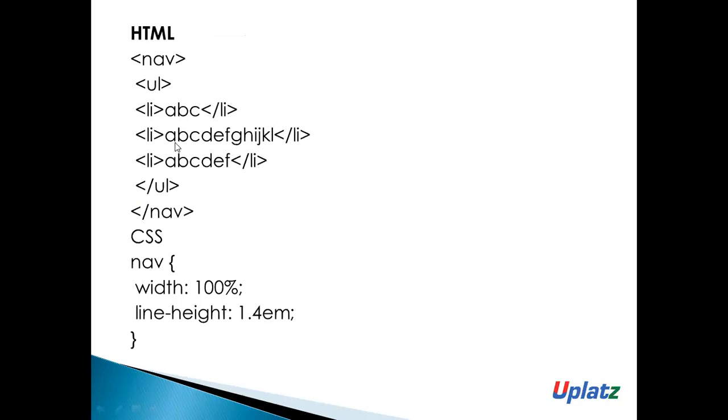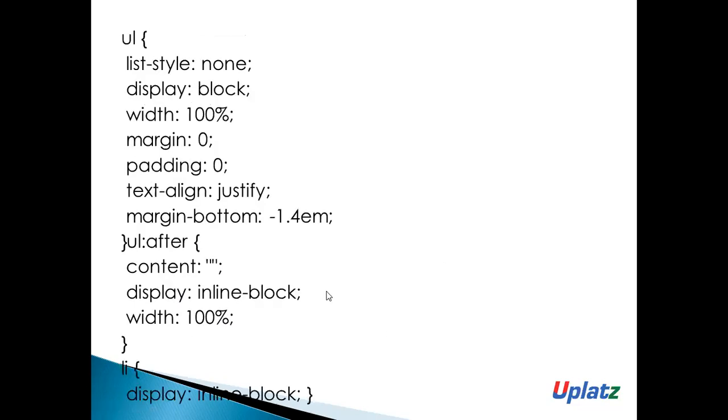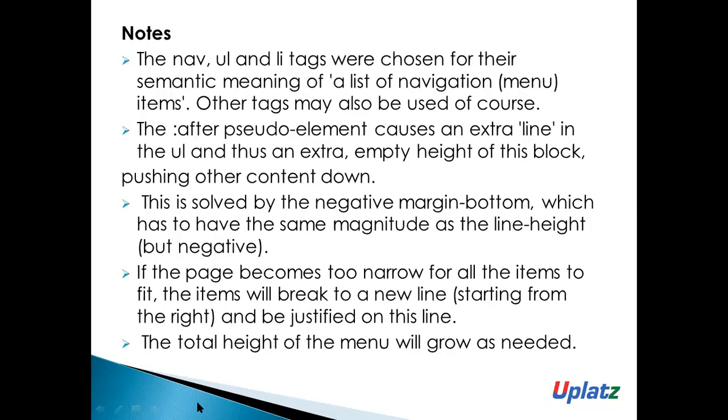You can see here this would be the three list items in the nav bar. For CSS, I'm making the width 100 percent, line height 1.4 em. For this unordered list block, with text align justify and margin bottom, I have made this. After, display inline block with width 100 percent, and this is empty. For li, I'm making inline block.